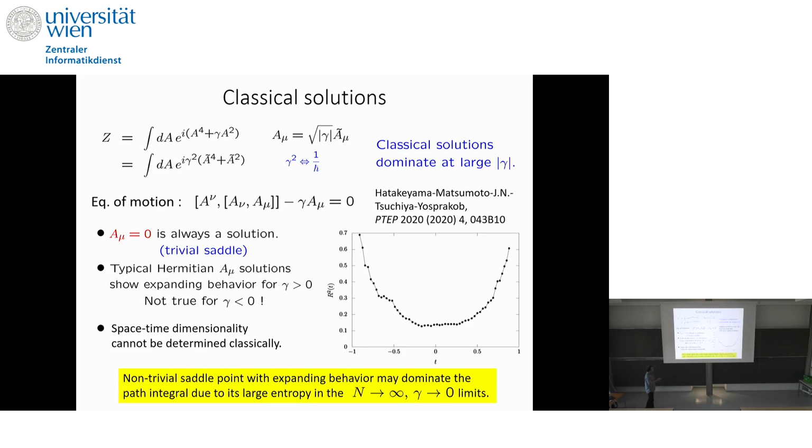But the point I would like to make here is that these non-trivial solutions have expanding behavior, and therefore they have a good chance to dominate the path integral because they have large entropy, for instance, compared to the trivial saddle point in this limit, n going to infinity and gamma going to 0. That's what we are hoping, and Kostas is going to show some numerical results related to this issue.